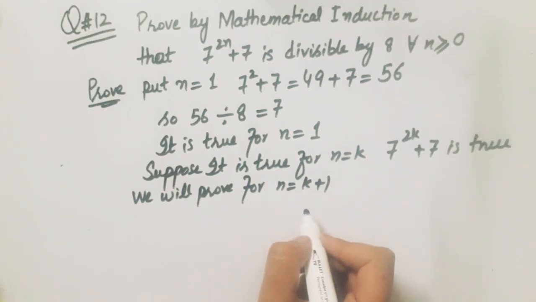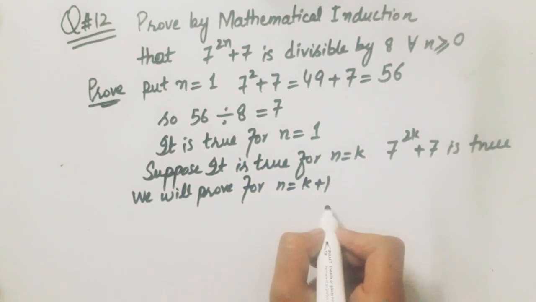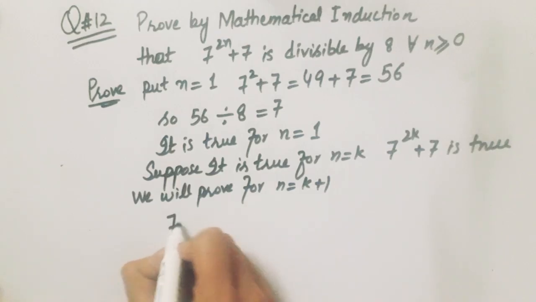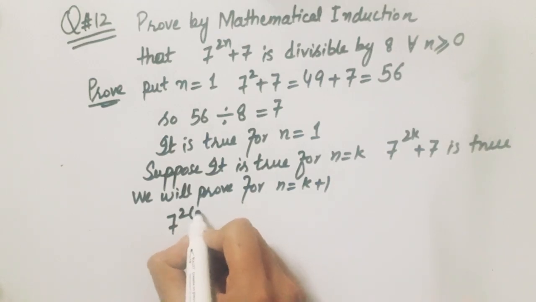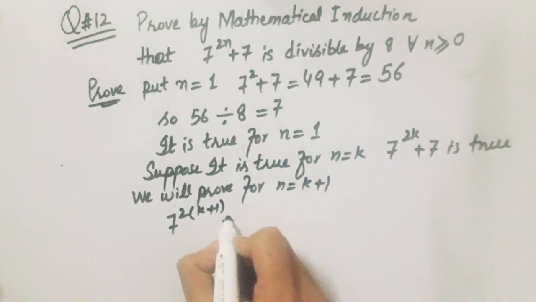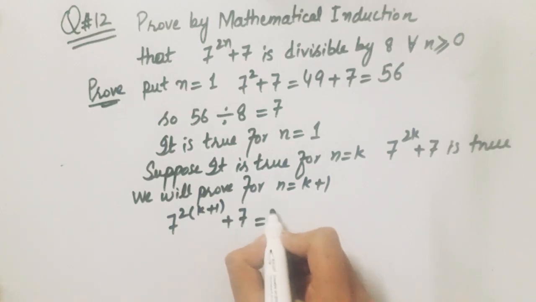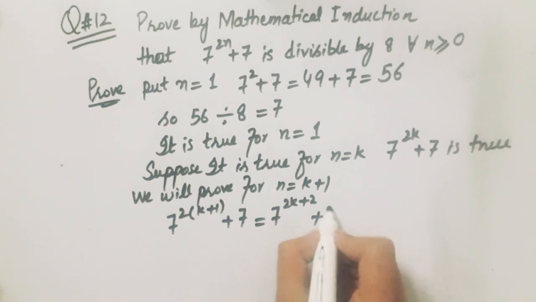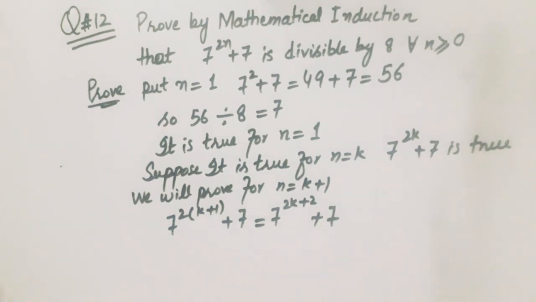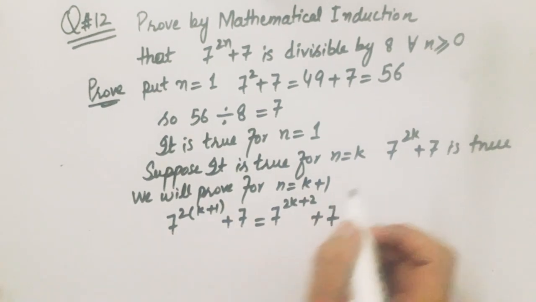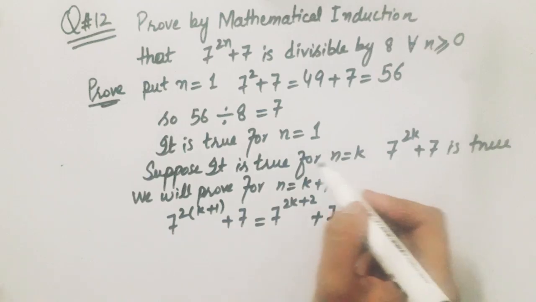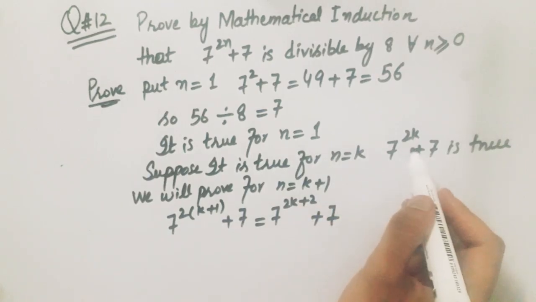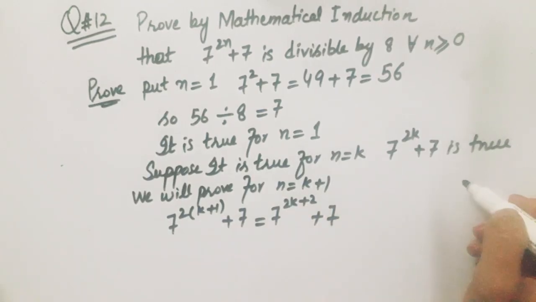So 7 raised to power 2 into (k plus 1) plus 7, which is equal to 7 raised to power 2k plus 2 plus 7. Now we say that it is true for n is equal to k, 7 raised to power 2k plus 7.